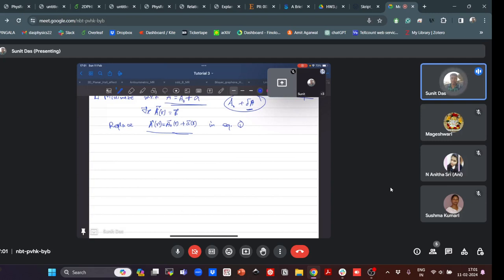So you will get a lot of terms because you have curl of A squared from the B squared, right? And then h bar by i grad minus q by c A, this is also squared. So whenever you put A0 plus A, then you will get a lot of terms.